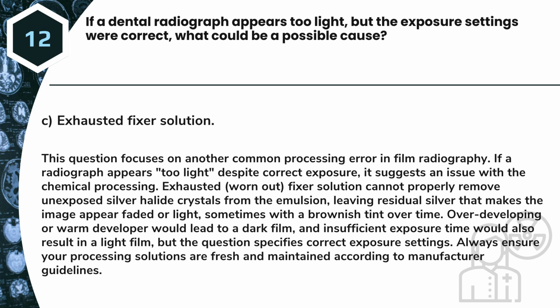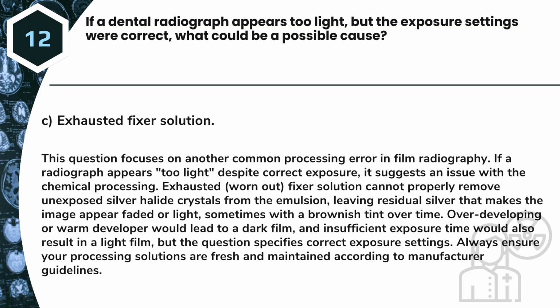This question focuses on another common processing error in film radiography. If a radiograph appears too light despite correct exposure, it suggests an issue with the chemical processing. Exhausted, worn out, fixer solution cannot properly remove unexposed silver halide crystals from the emulsion, leaving residual silver that makes the image appear faded or light, sometimes with a brownish tint over time.